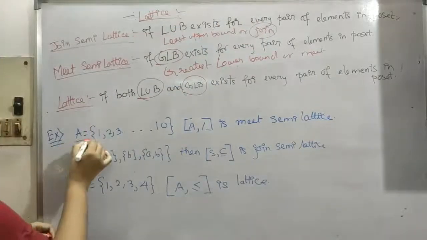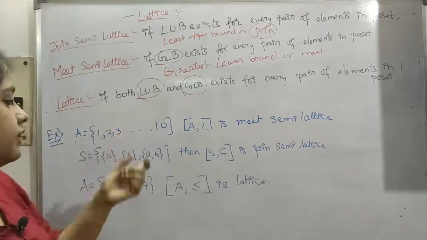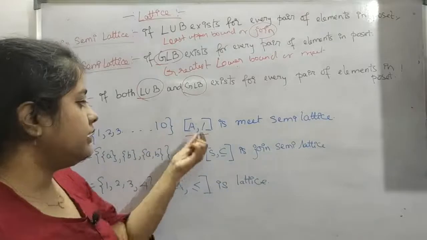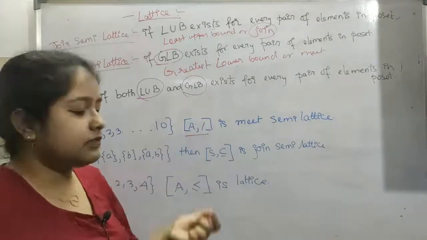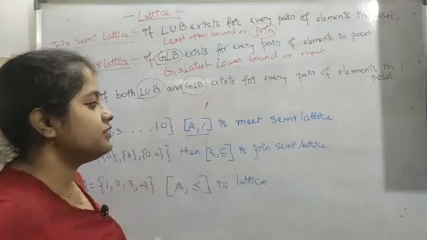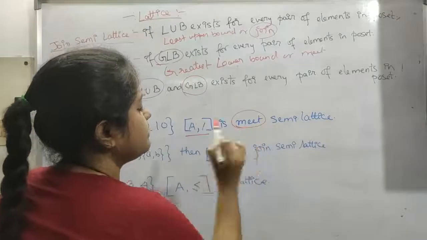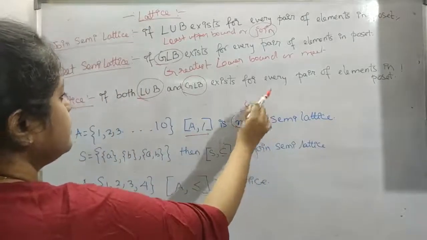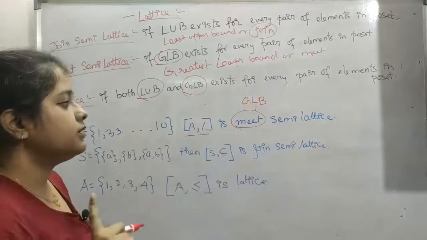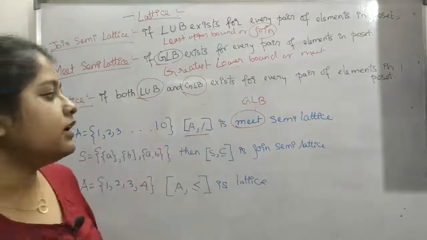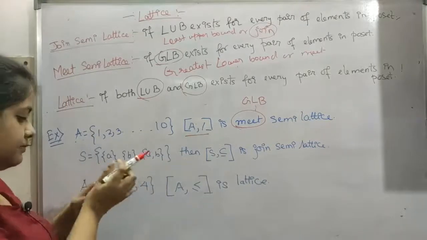First, A is our set containing 1 to 10, and the divisor relation is our relation. So it is a meet semi-lattice. Meet means GLB. Next is S, containing a set of subsets, a set of sets.